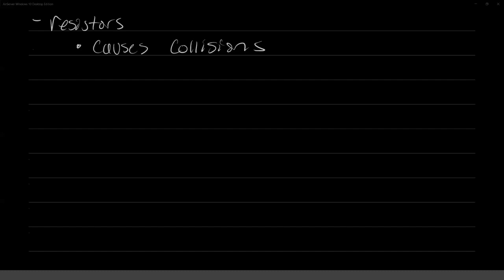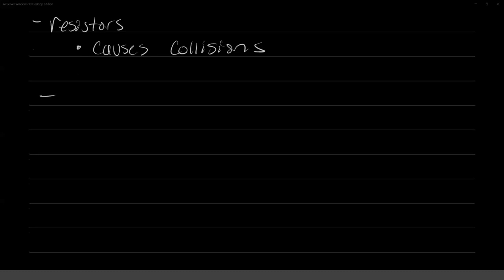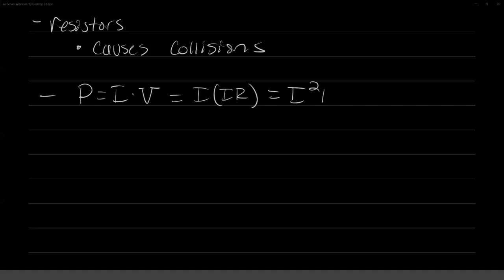So I just wanted to go over a couple of equations that have to do with that. Power equals current times voltage, which also equals current times resistance times current, which is the same as current squared times resistance, right?